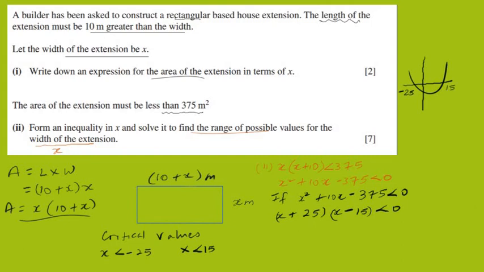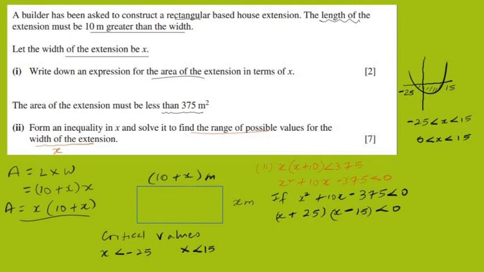So I'm looking for the portion where the graph is negative, that is underneath the x-axis. So that is from negative 25 less than x less than 15. Now since the length cannot be a negative quantity, my range of values is 0 less than x less than 15.